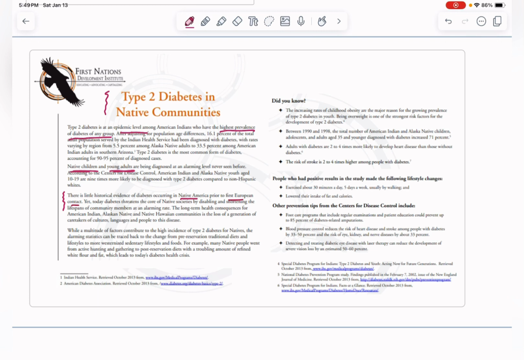Yet today, it's pretty widespread. And so there's a multitude of factors that can contribute to this high incidence, but certainly a change from the traditional pre-reservation diet to a more Western diet, and more westernized sedentary lifestyles are certainly contributing to this problem.